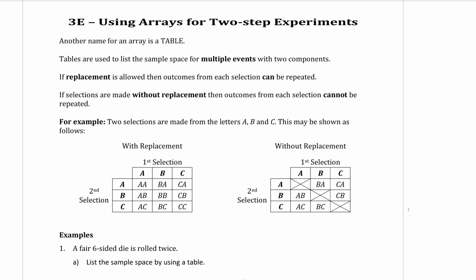Whereas an array can expand much more beyond just having two things. We can have as many as we like. The only restriction is that we can only compare two different things, so we can only have two axes on that diagram.